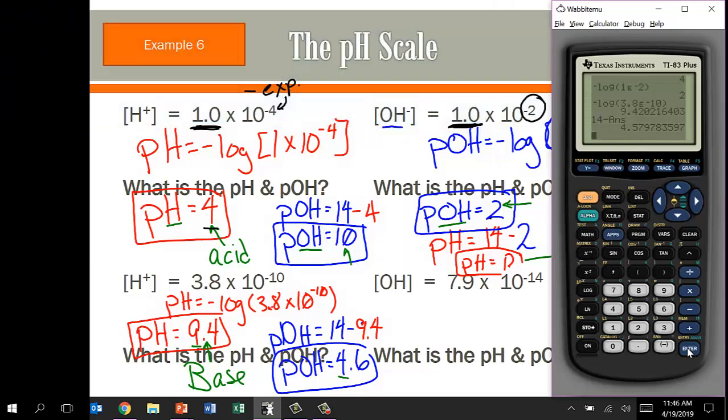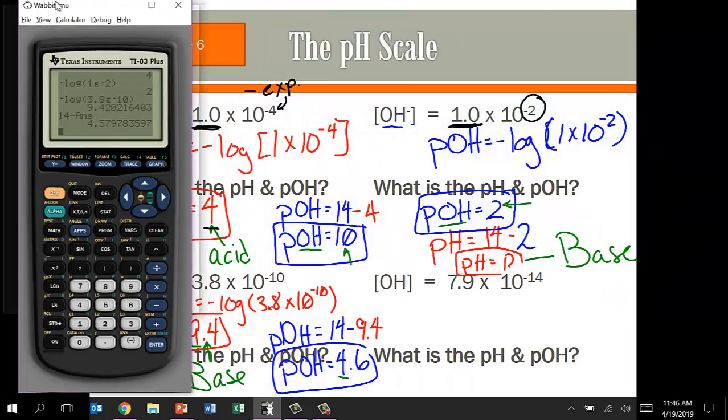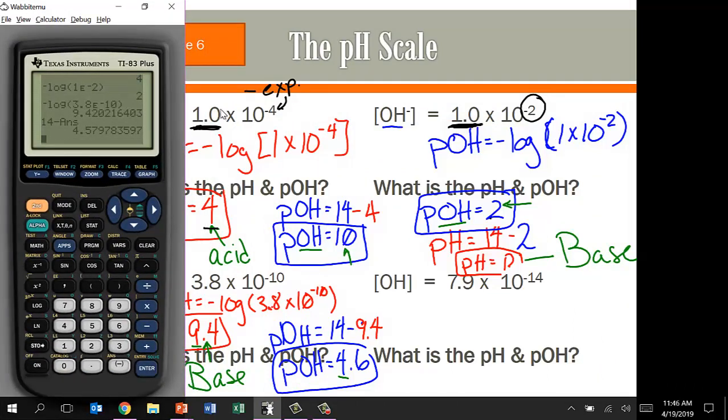Lastly, if our concentration of hydroxide is 7.9 times 10 to the minus 14th, we can find our pOH by taking the negative log of that number, 7.9 times 10 to the minus 14th. We expect a number that's near 14. Let's see what we find. The negative log of 7.9 times 10 to the negative 14th.